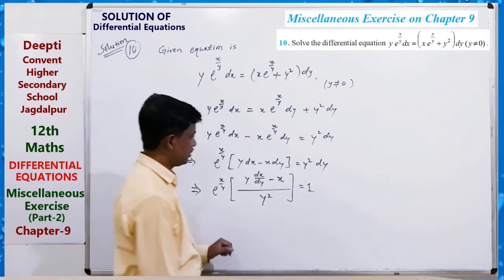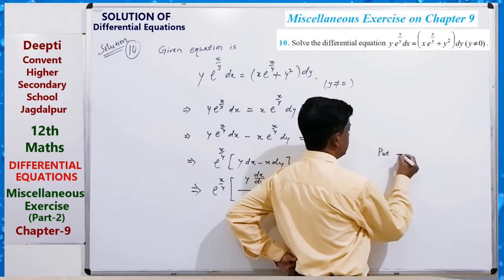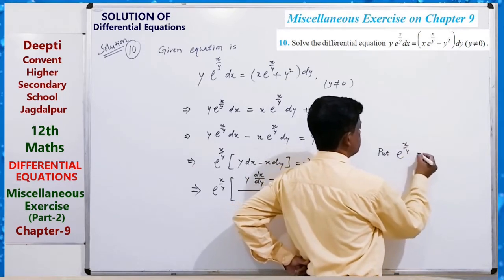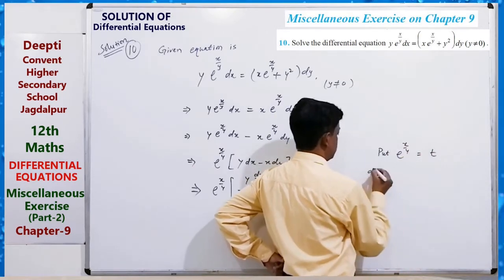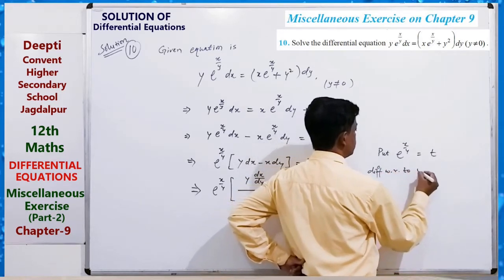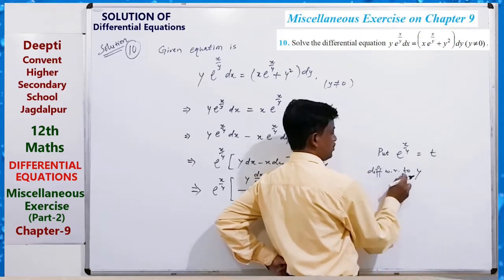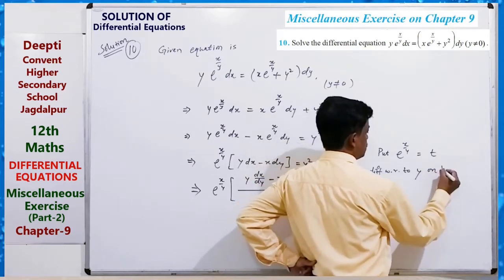Now put e to the power x by y equals t and differentiate with respect to y on both sides.